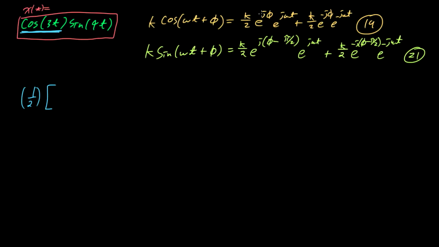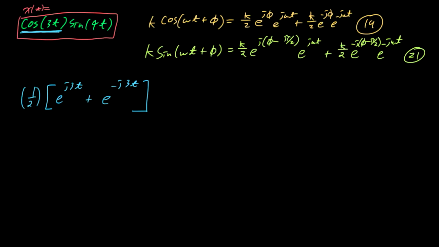Anything raised to the 0th power is just 1, so our phase drops out, times e to the j omega t, our omega here is 3, so e to the j 3t, plus, again, the phase information just gives us 1, e to the minus j times 0, times e to the minus j 3t, and that's it. That's all we need for our cosine. This sum of complex exponentials represents the cosine part of the function.